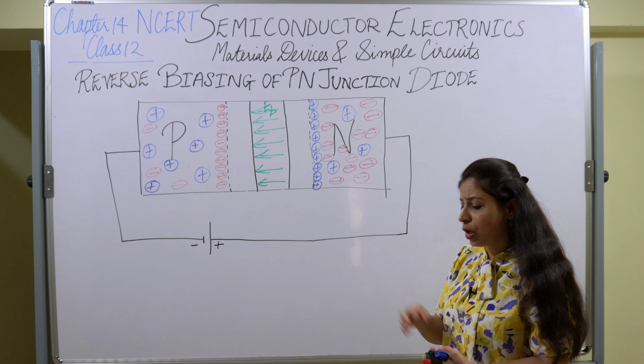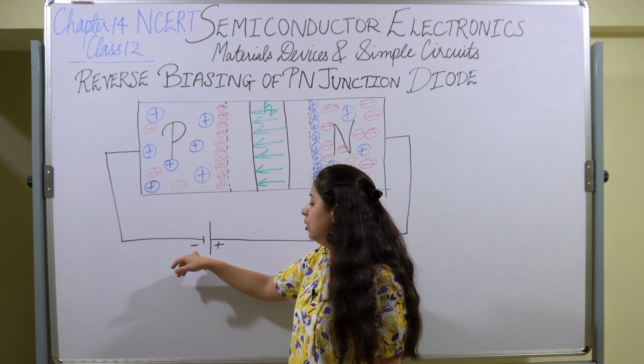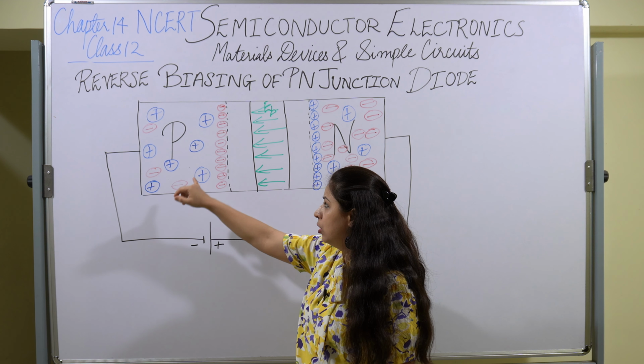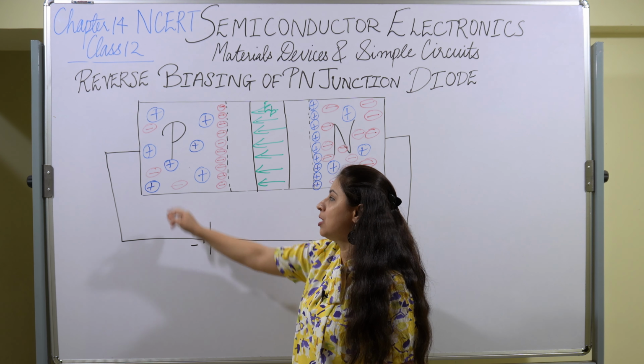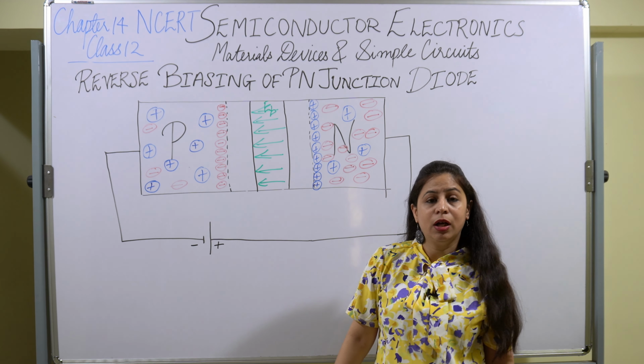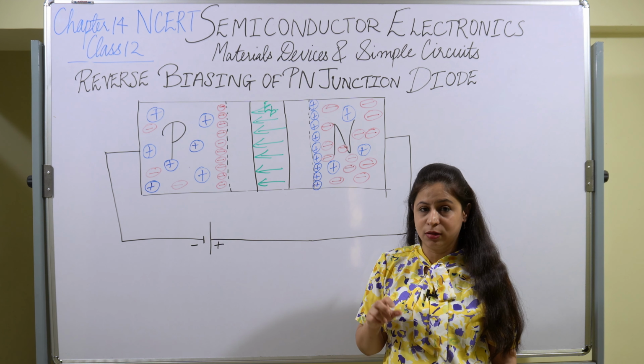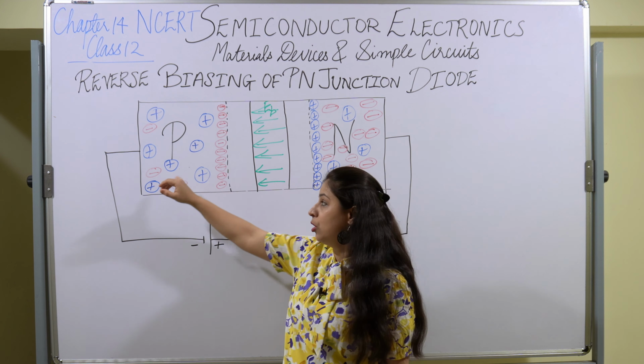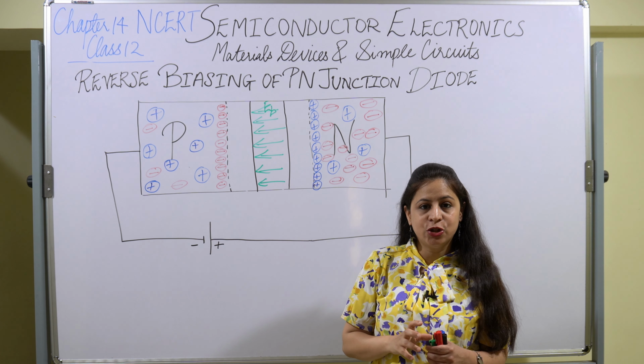Now what happens is that when the negative terminal is connected to the p-type semiconductor, the electrons are very much attracted to the holes. Electrons are of opposite charge to that of the holes, and opposite charges attract each other.